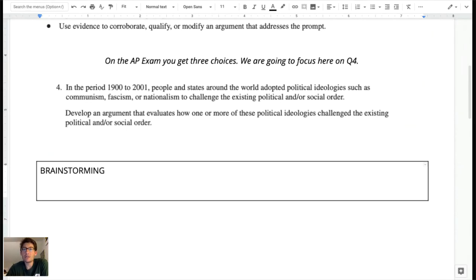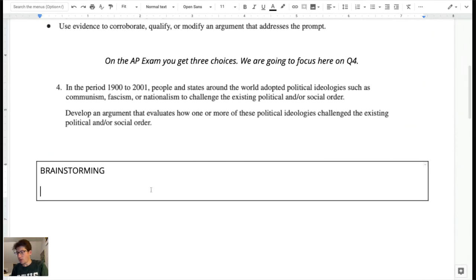That's a lot bigger task than one or more challenge political and or social order. So pay attention to those words. Those conjunctions are something we need to pay attention to. In this case, you had options. That might not be the case on Thursday. It might ask you to do a bigger ask. So just want to make that real clear.